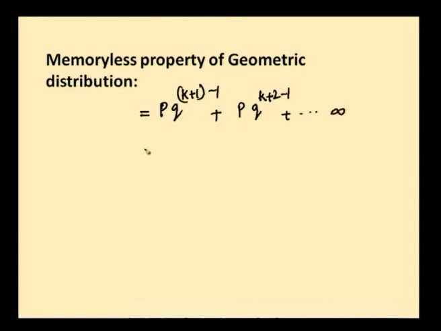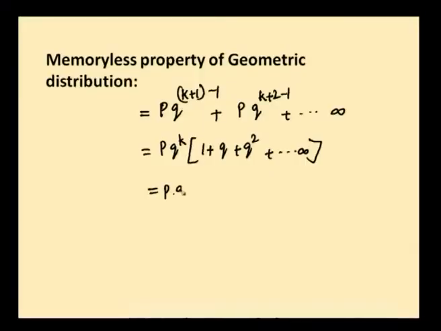Up to infinity. So, what is common, which we will take outside? P q power k was common, that we will take outside. The remaining is 1 plus q plus q square plus etc. up to infinity. What is this 1 plus q plus q square plus etc. up to infinity? It is 1 minus q whole power minus 1.